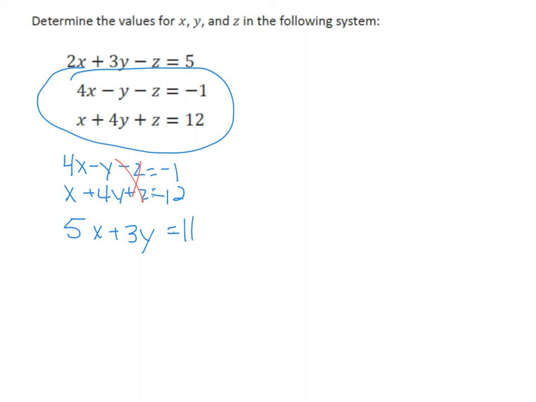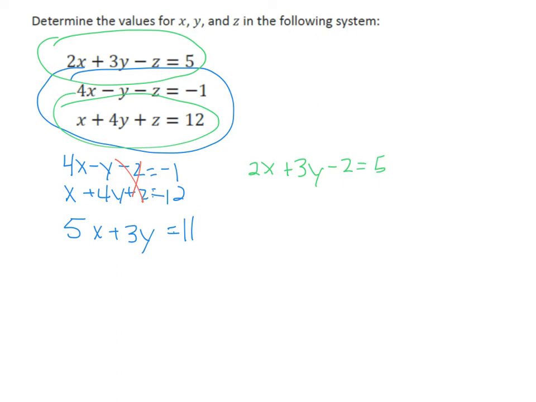Next, I'm going to do the same thing, and this time add my first equation and my third equation. So if I add those, now I have 2x plus 3y minus z is equal to 5, and I'm adding x plus 4y plus z, which was equal to 12.